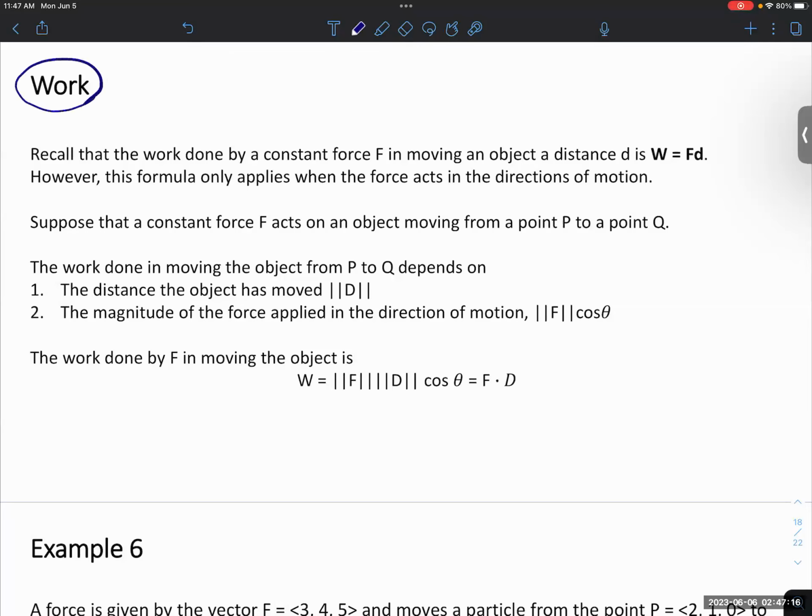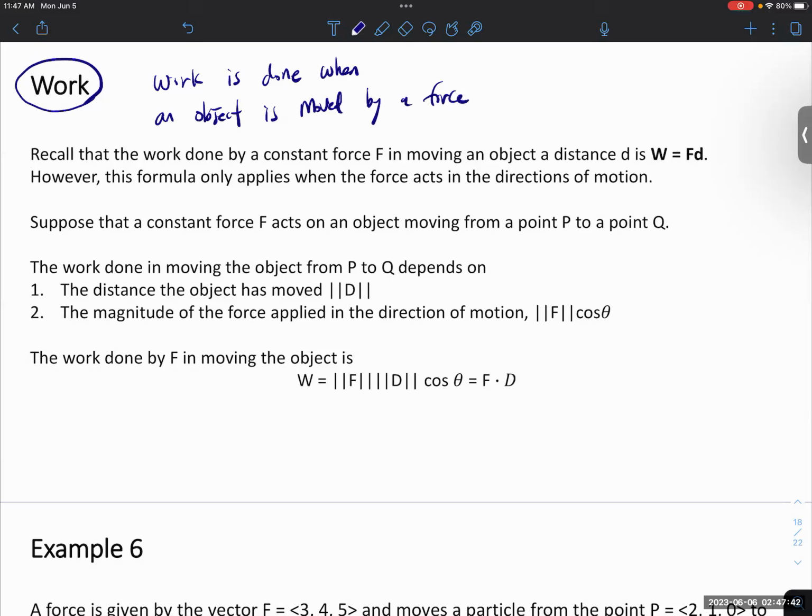From physics, if you remember, work is done when an object is moved by a force. That's the definition of work.